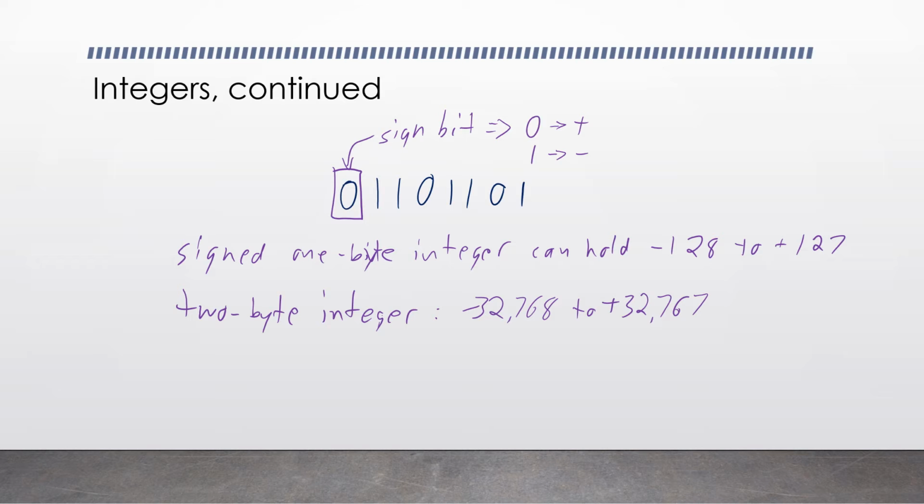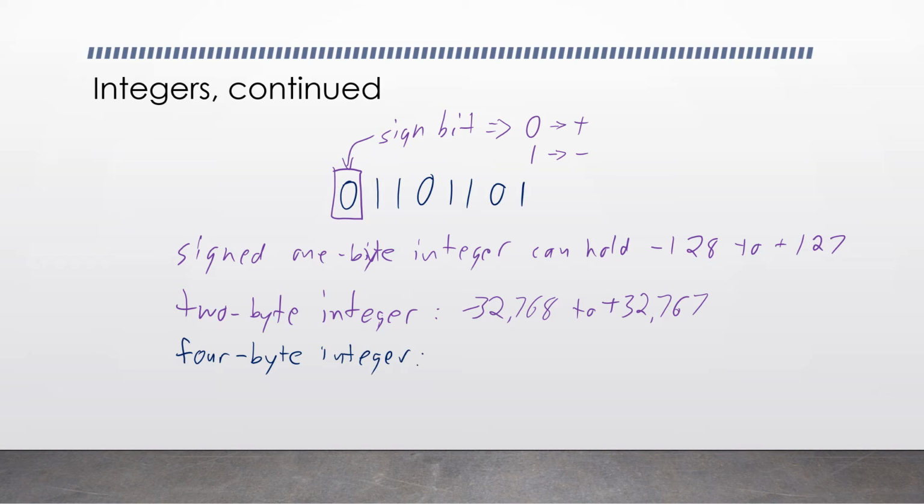The problem with that, of course, is that there are still situations where we need numbers that go significantly higher or lower than that. So now that we have 32-bit computers all over the place, and even some 64-bit, it's typical to use a 4-byte integer.